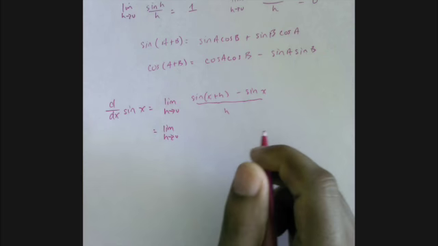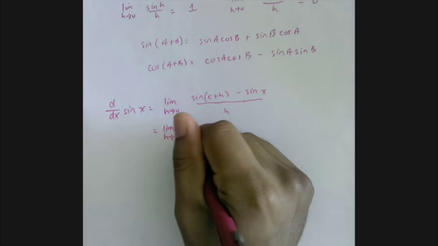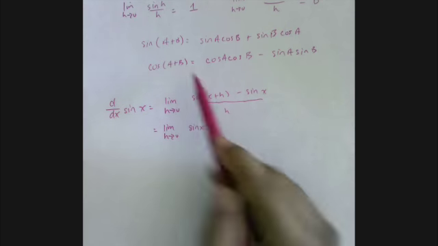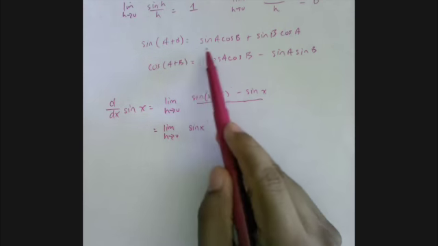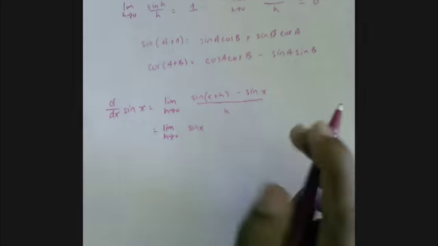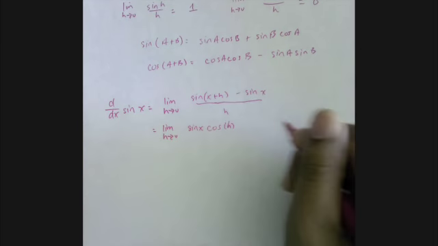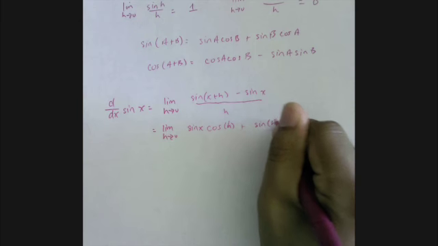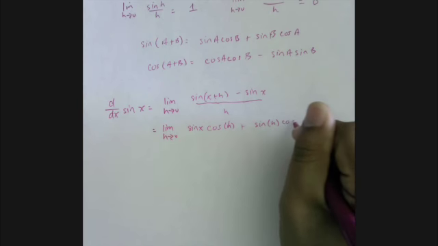We're now going to have the limit as h approaches 0 of sine of x. Remember, x is going to be equal to a, h will be equal to b, and I'm plugging them just into this identity. So we're going to have sine x cosine h plus sine of h cosine x.